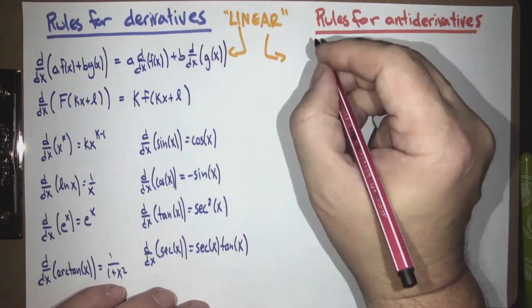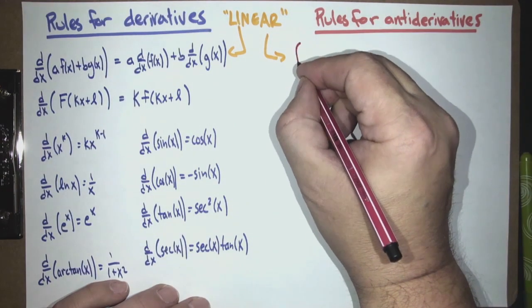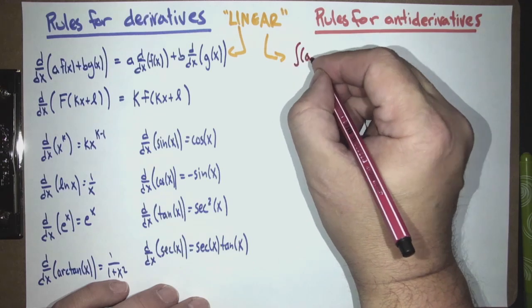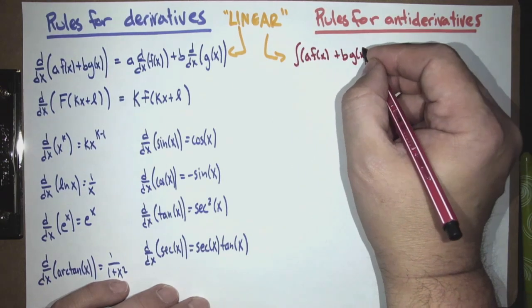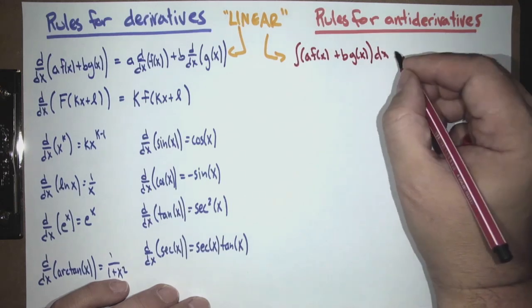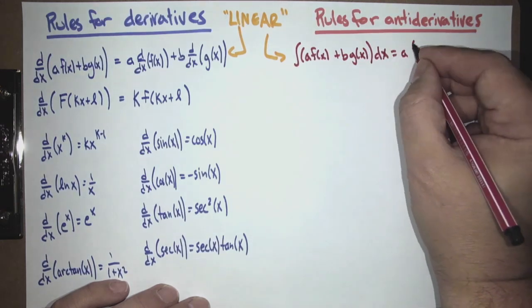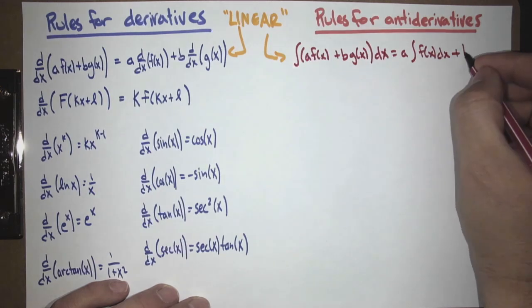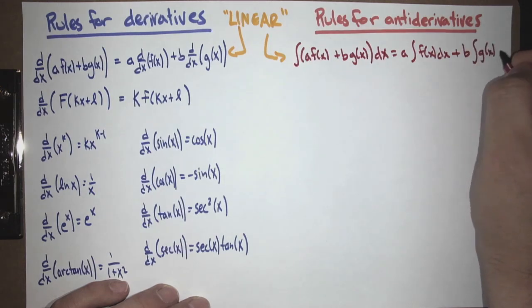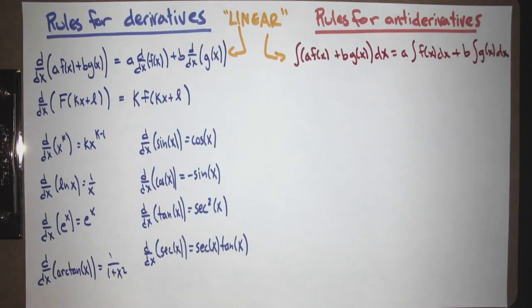So what does it become? Well, it says that the integral of a f of x plus b g of x dx is a integral f of x dx plus b integral g of x dx. So you can break up over addition.